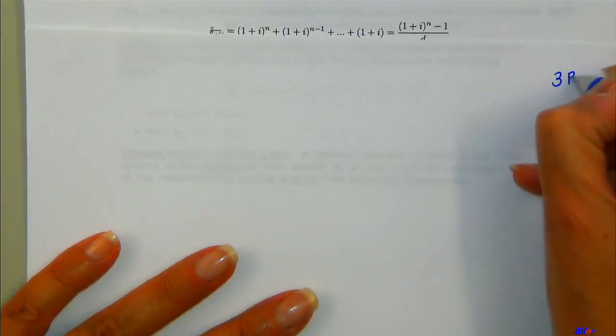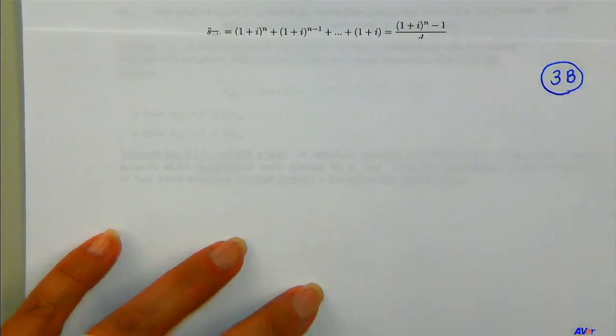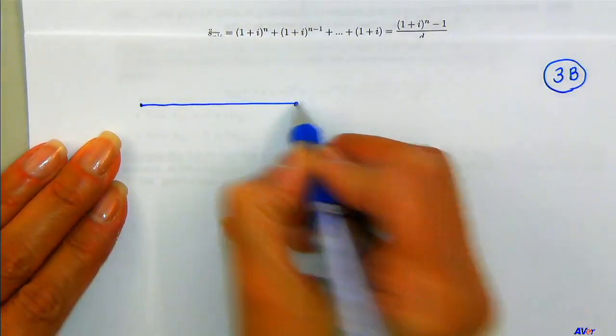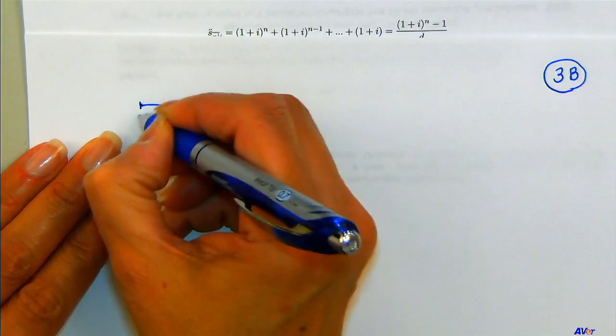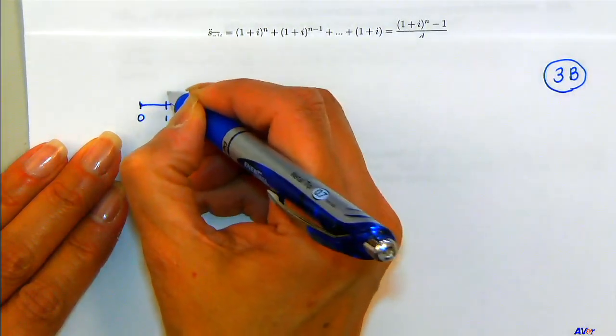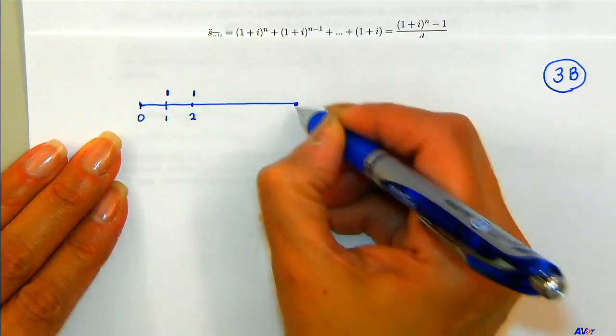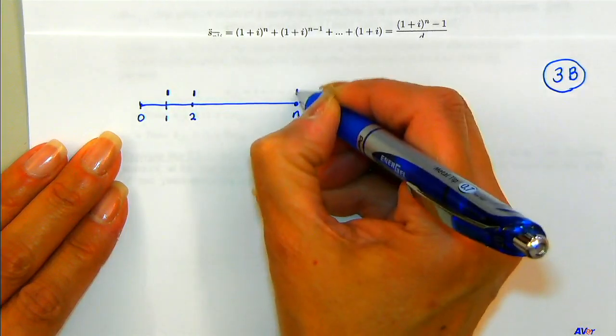Let's call it 3B, actually. Zero, 1 with a payment of 1, time 2 payment of 1, time n payment of 1.